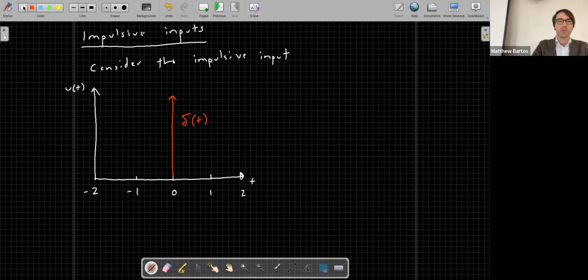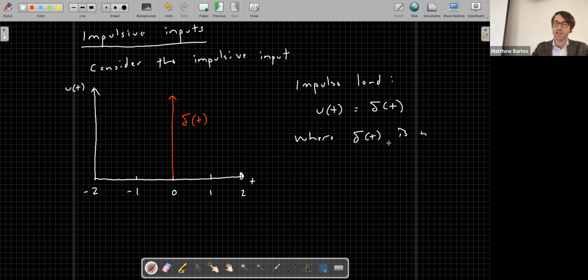Okay, so it's 0 everywhere except for the origin, and I will define the properties of this function in a second. Okay, so we'll call this an impulse load. Our u(t) is equal to delta(t), where delta(t) is a Dirac delta.